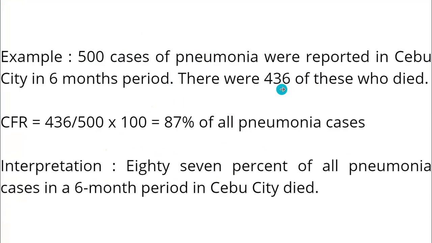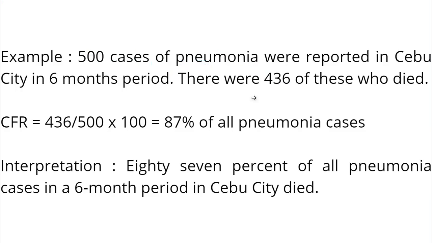We are computing the number of deaths from a particular disease, so what we need to determine is the total number of people who got that disease, in this case the total number of people with pneumonia. And from there, we determine the total number of people who died from those cases of pneumonia.